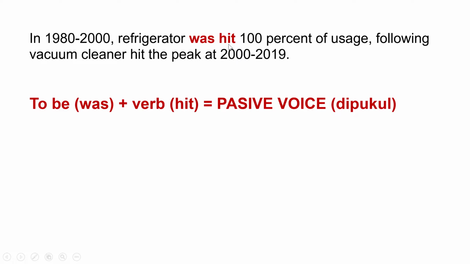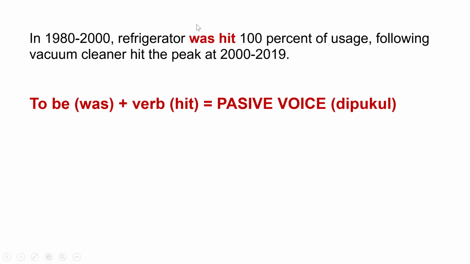Was hit. Was is to be, hit is a verb. To be plus verb means passive voice, or here, dipukul, or dicapai.